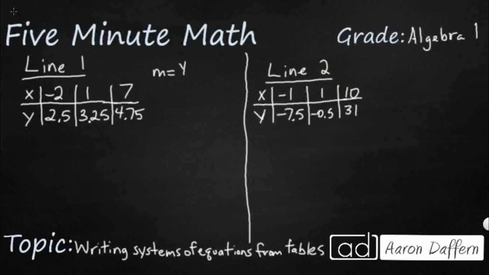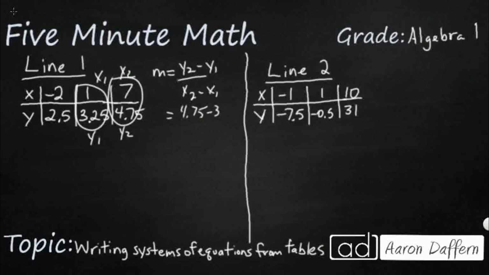Let's start by finding the slope. Remember, my slope is change in y over the change in x. So let's just use this. It's my x1, my x2, y1, y2. And so 4.75 minus 3.25, right?